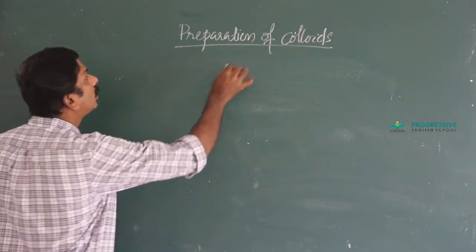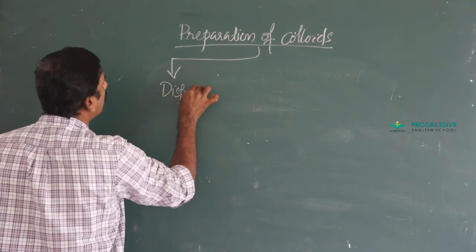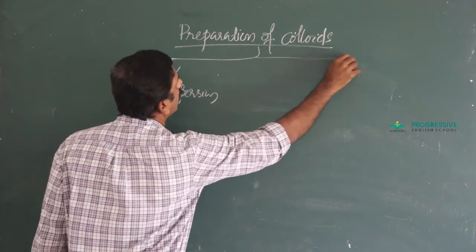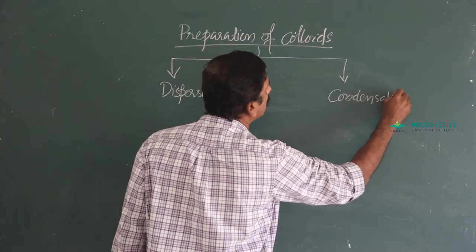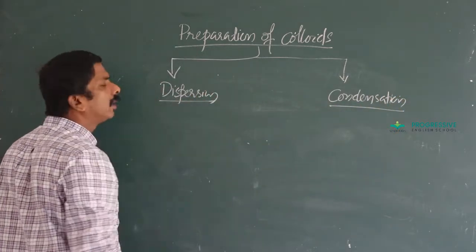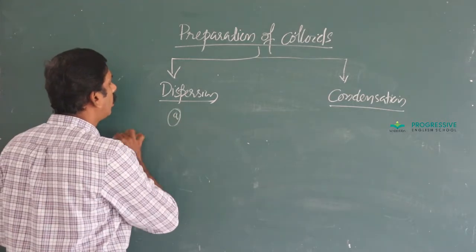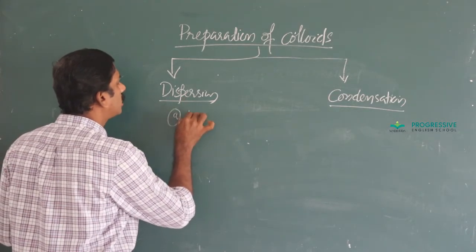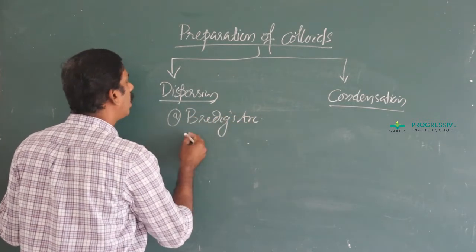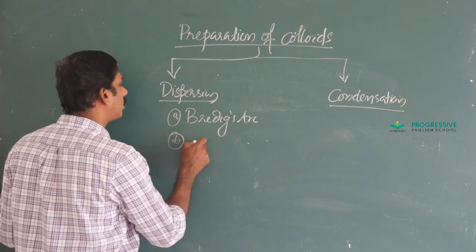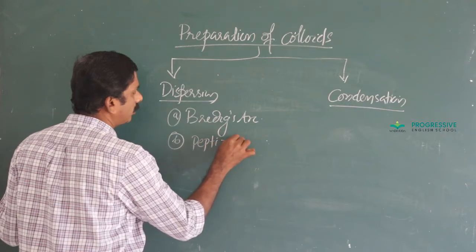Preparation of colloid, there are two methods. One is the dispersion method and the other is the condensation method. Dispersion method belongs to two types. One is Bredig's arc method, or electrodispersion method, and peptization.